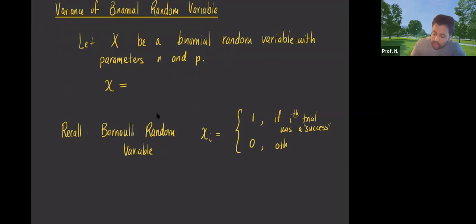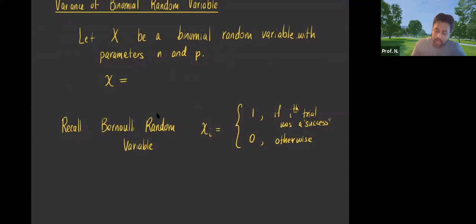And it will be a 0 otherwise, if it were a failure. Now, if we add up the Bernoulli random variables, if we have n of them, we have what's called the binomial random variable. So binomial random variables are sums of Bernoulli random variables.